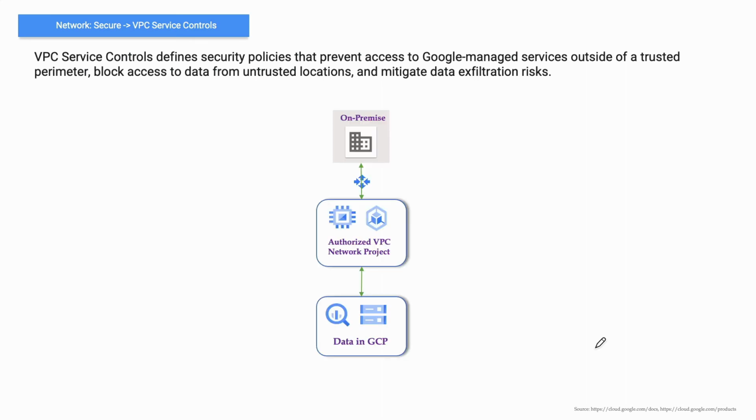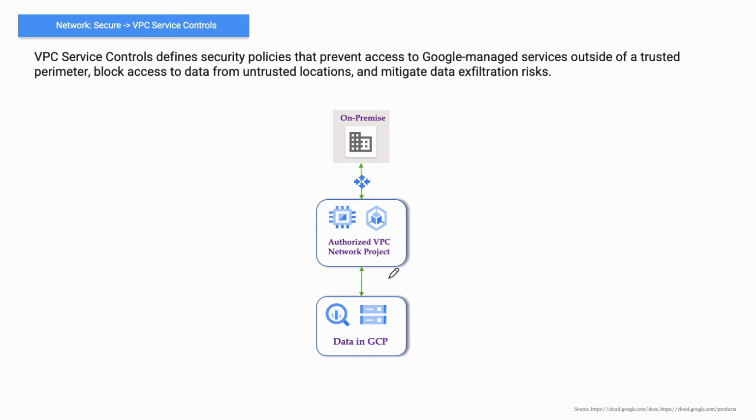So if we take an example of a typical scenario using Google Cloud Platform, you have an on-premise which is connected through Cloud Router. Cloud Router is basically routing the requests to Google's cloud projects, which is, you have any authorized VPC network project which is connected to on-premises.